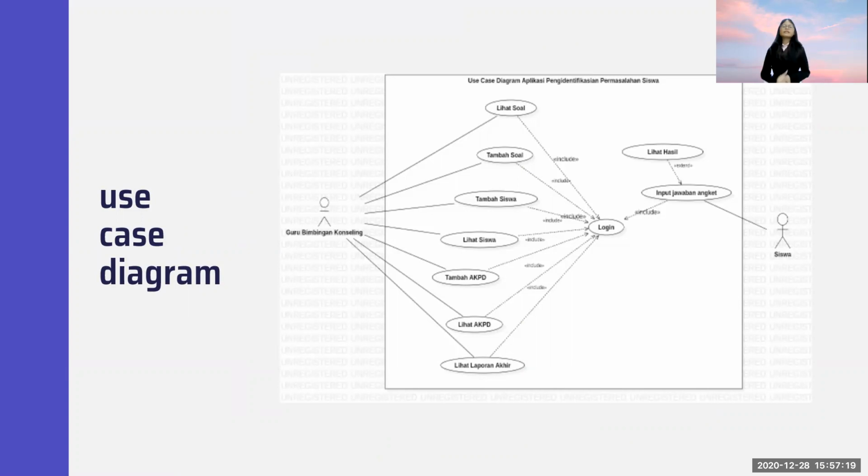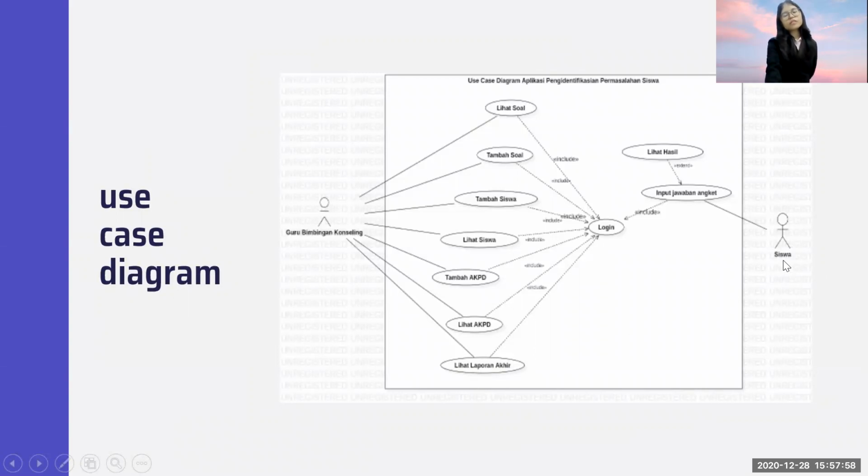Okay, this is the use case diagram. In this use case diagram, we can see the counseling teacher needs to log in, and then she can see the question and add a question, add student, see student, and add AKPD, the questionnaire, and see the questionnaire, and see the result.